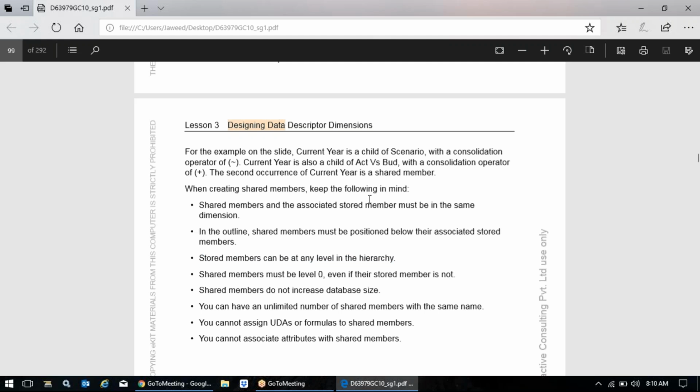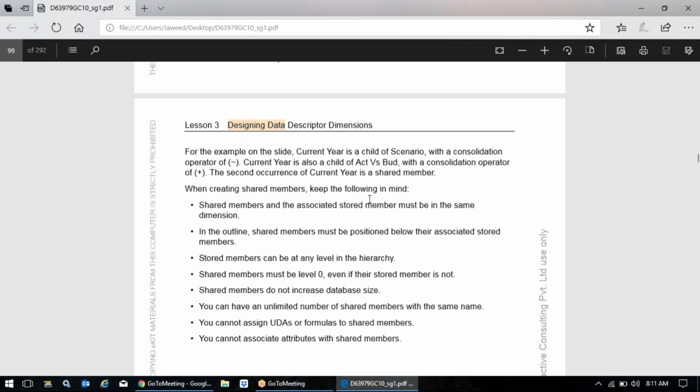Okay, so let's look at the conditions for a shared member. Well, it says stored members. Is that a typo? Yeah, it has to be a stored member. Now, yesterday you asked me if you have to mark all the members as stored members.